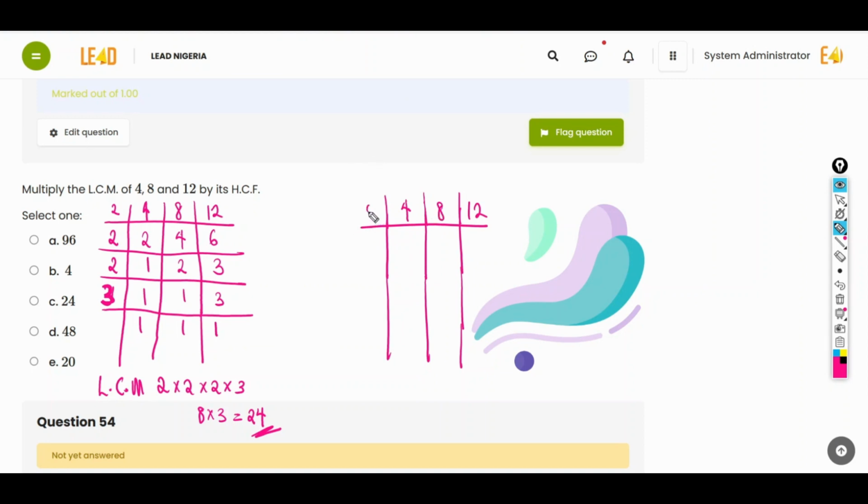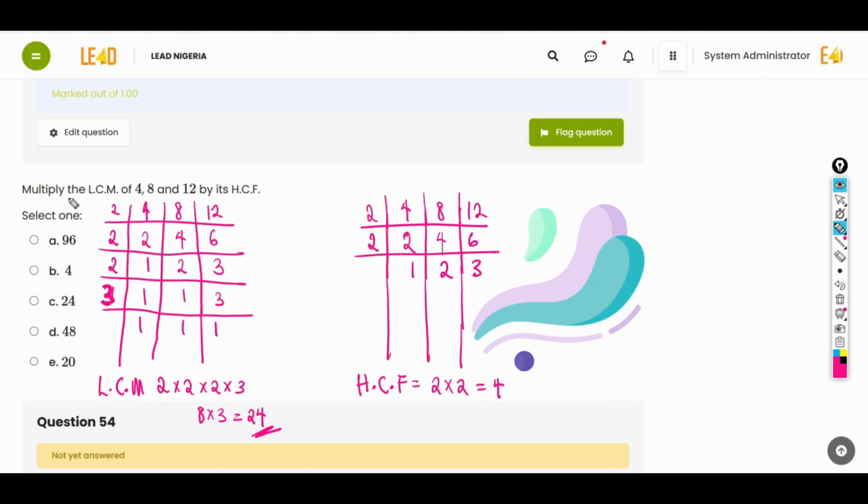So we can use 2. 2 in 4 is 2, 2 in 8 is 4, 2 in 12 is 6. And 2 can divide everything again, so we have 1, 2, and 3. All right, so there's nothing else that can divide that, right? So your HCF is just 2 times 2, which is 4.